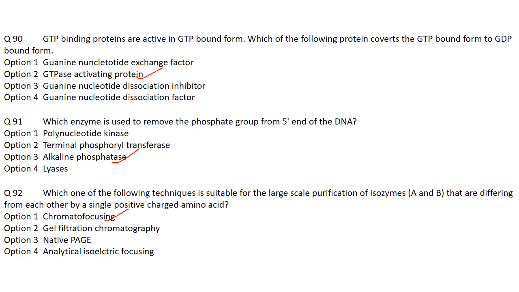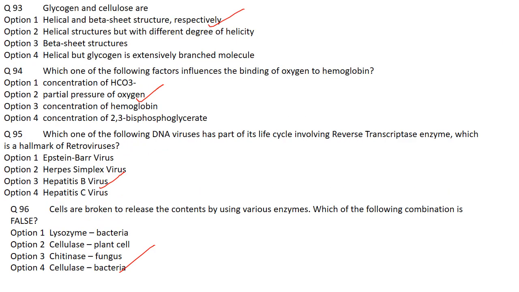So for large scale purification you can go for chromatofocusing. Answer is option 1. Then glycogen and cellulose are.